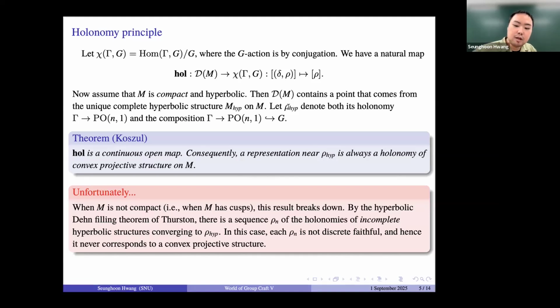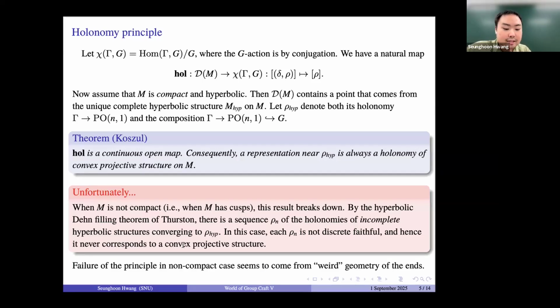But as I mentioned before, holonomy representations of convex projective structures should be discrete and faithful, but these sequences always give us non-discrete faithful representations, so they never correspond to convex projective structures, and hence this map cannot be open when M is not compact.